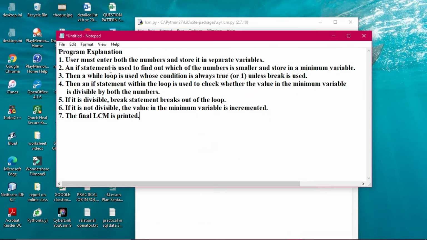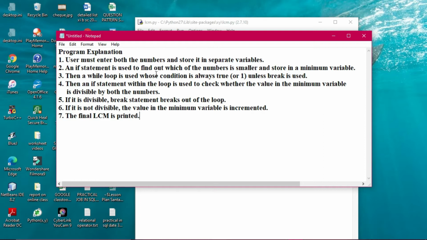Here is a summary of the explanation. The user must enter both numbers and store them in separate variables, and an if statement finds out which of the numbers is smaller and stores it in a minimum variable. Then a while loop is used whose condition is always true unless break is used.